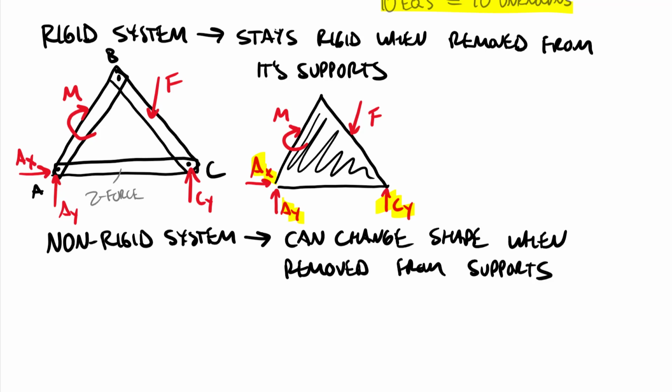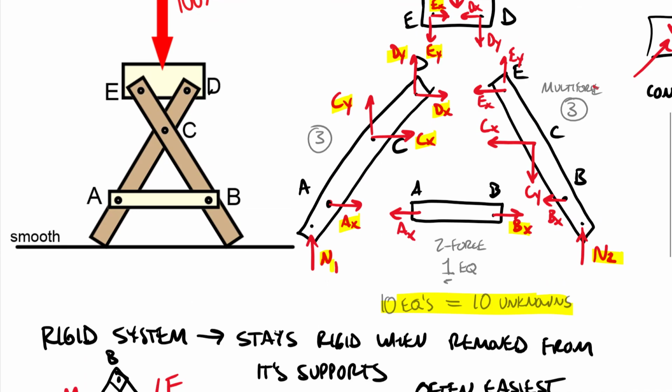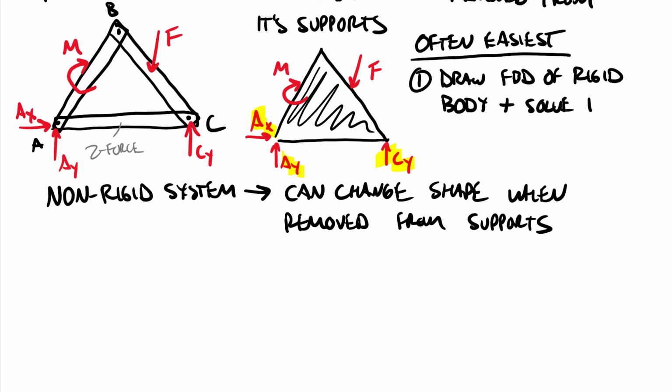Okay, so if it's rigid, this is often easiest. And this really just gets down to minimizing your unknowns on each free body diagram. As we saw here above, we can end up with a whole bunch of unknowns on these bodies. And so getting rid of some of those early on can help us out. And so one would be to draw your FBD of the rigid body and solve for reactions.